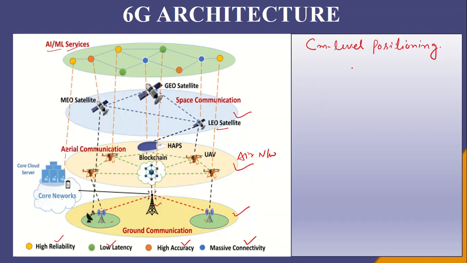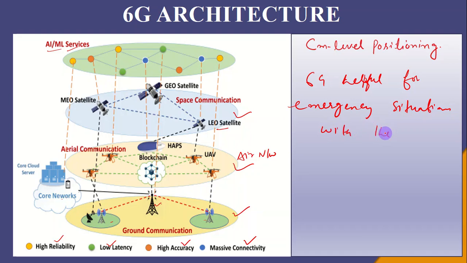And the 6G network is also helpful for emergency situations with the help of UAVs, that are the unmanned aerial vehicles. So guys, this is the information about the 6G architecture and 6G network technology.